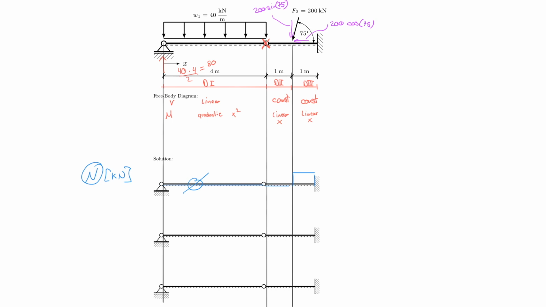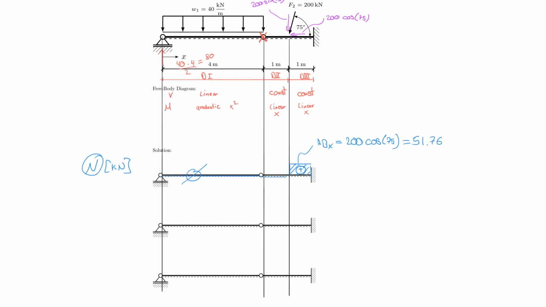This is my tensile component and it's constant. The value here really is RBX, which is also equal to 200 times cosine 75. We're already done with that, except that I probably should put a result there, which is 51.76.